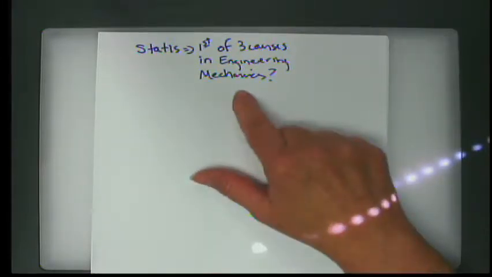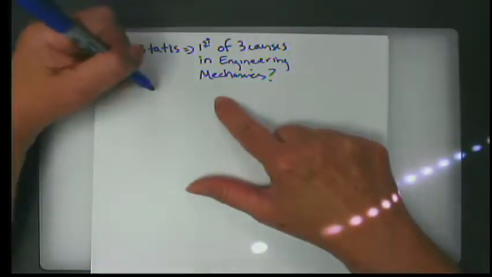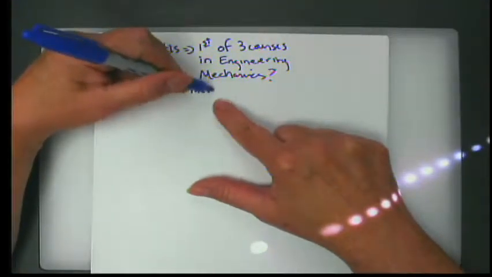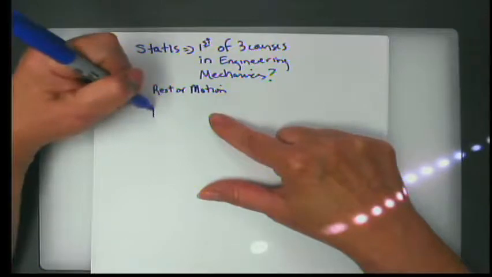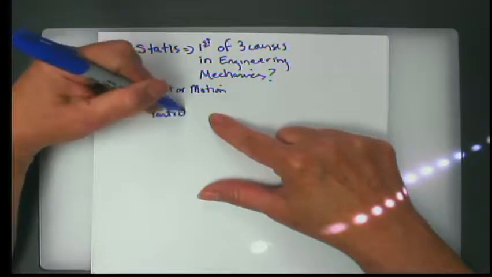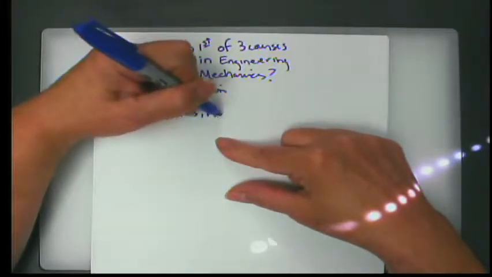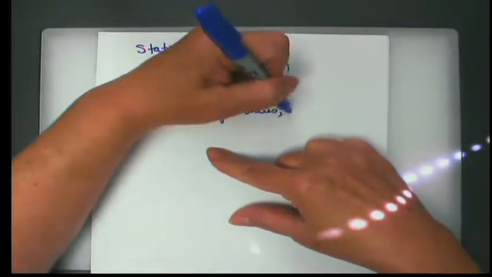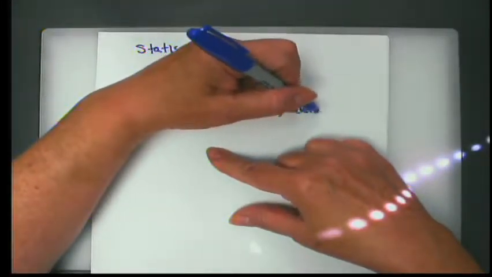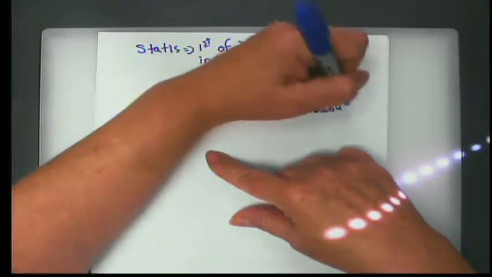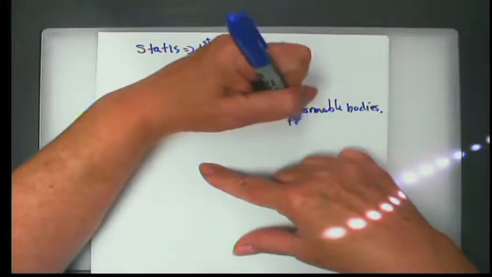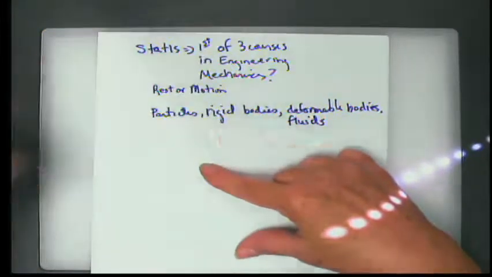And those bodies can be, so we have rest or motion, and we have particles, rigid bodies, deformable bodies, and sort of the ultimate deformable substance, fluids. So I guess that's really 4 courses.